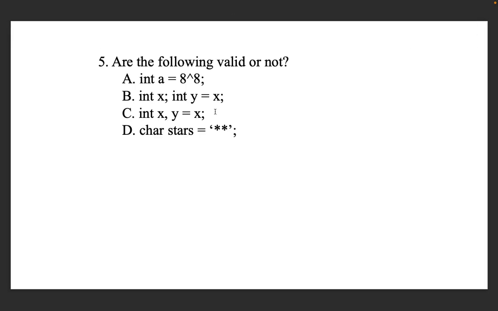So let's check, are the following valid or not. Int a.